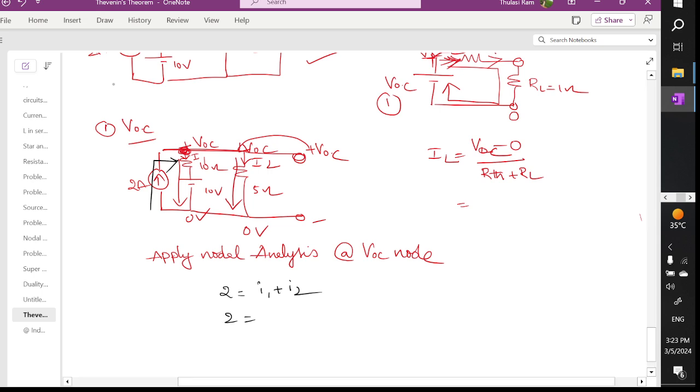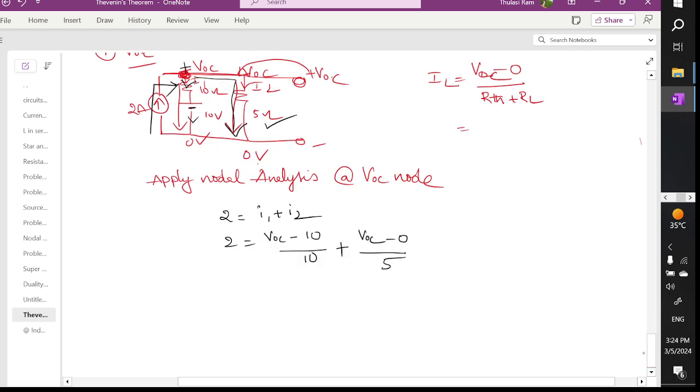So 2 is equal to, how to write the current I1? Current is leaving. What is the leaving polarity of the voltage? VOC minus, current is coming like this. What is this leaving polarity? Minus, VOC minus 10 divided by the branch resistance, 10 ohms, plus how to write the current I2? This is the current I2 flowing. VOC minus 0 divided by the resistance of this branch, 5 ohm.